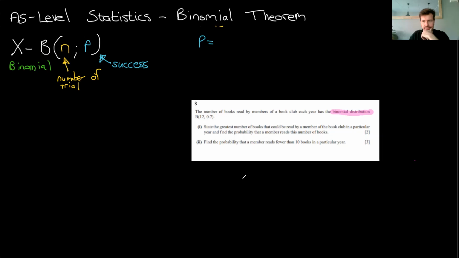We don't necessarily have to know this for this question, but if we grab our P from there, our P in light blue is 0.7. Our N is 12.